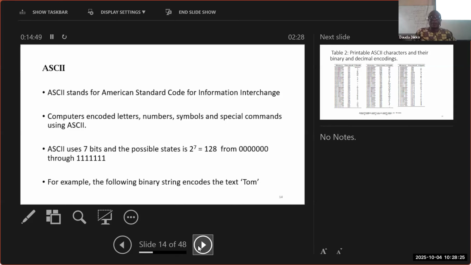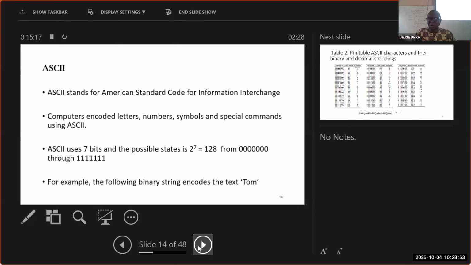Then another way of representing information, or encoding, is what is called ASCII. ASCII stands for American Standard Code for Information Interchange. Usually computers encode letters, numbers, symbols, and some special commands using the ASCII code.